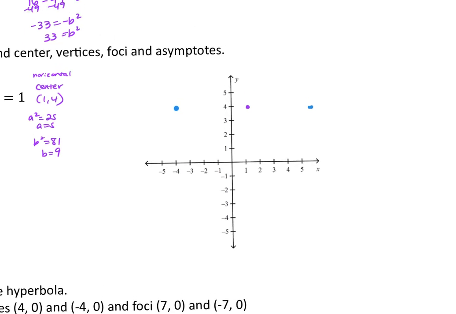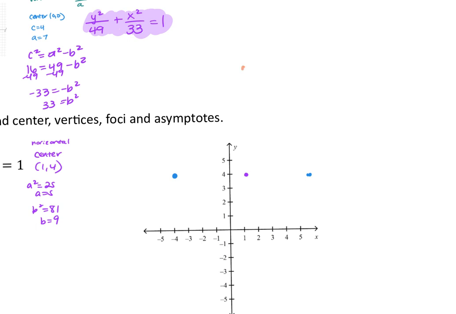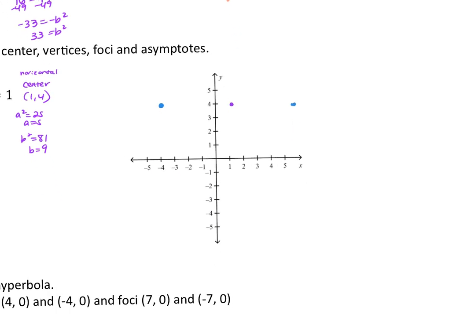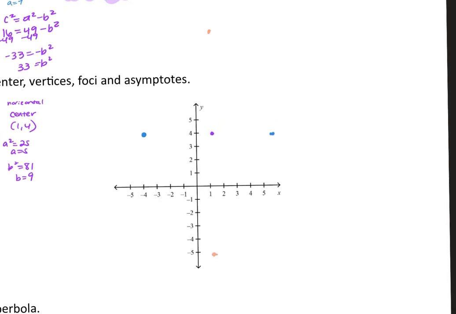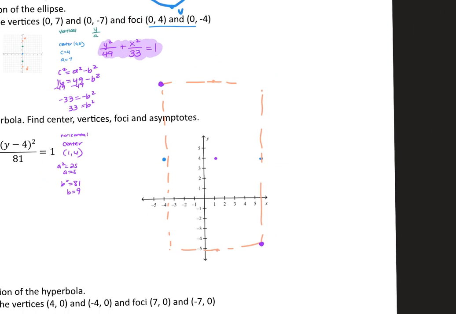I go up 9 and down 9, and those are your co-vertices. And we make that little box. I probably should have given you smaller numbers, but you get the idea. Find the corners of your box. Draw your asymptotes through those corners.